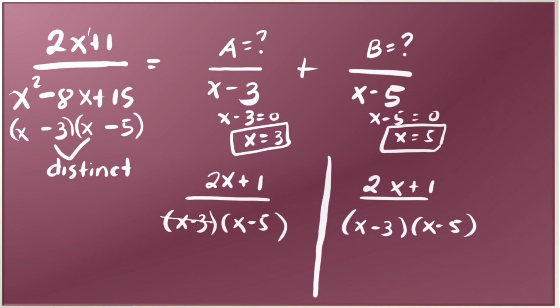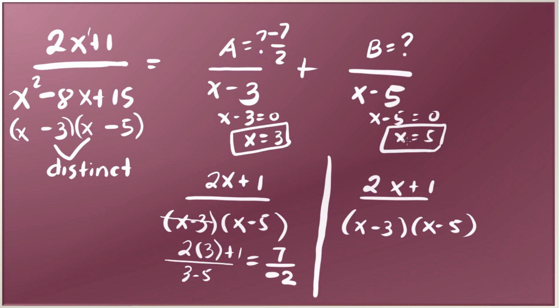So once you cancel that x minus 3, then you can plug in this 3 to x. That's 2 times 3 plus 1 over 3 minus 5. Now 6 plus 1 is 7 over negative 2. So that's your A, negative 7 over 2.